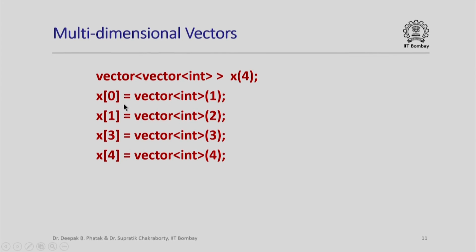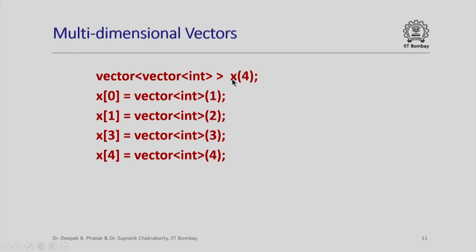This is basically calling the constructor function of the vector class instantiated with integer for the generic type with the parameter 1. So therefore this is going to return a vector of integers of size 1. So now I am saying that x[0] is going to be a vector of integers of size 1, x[1] is going to be a vector of integers of size 2 and so on for 3 and 4.